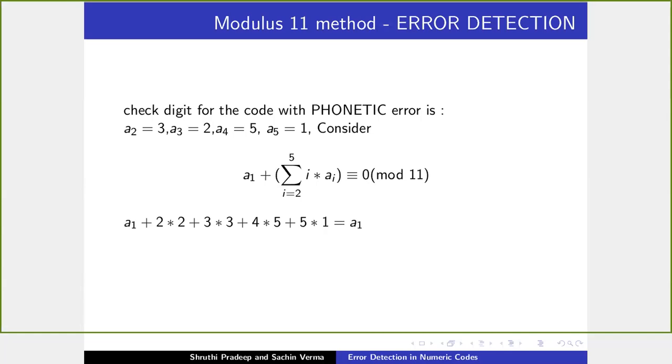So if you notice here, it is 4 into 5, which is 20, plus 5 into 1, which is 5. So this sum is again giving you 25. So what I did was I just took care that the places where I'm changing 15 to 50, their sum has to be same. So if that total contributes same to the entire sum, then the check digit will not be affected.